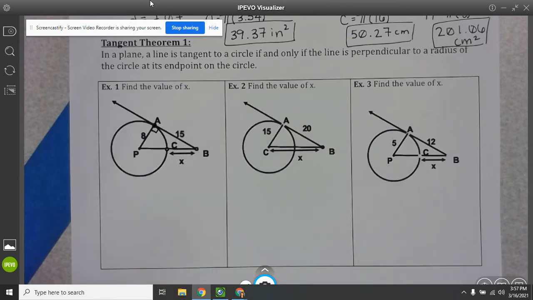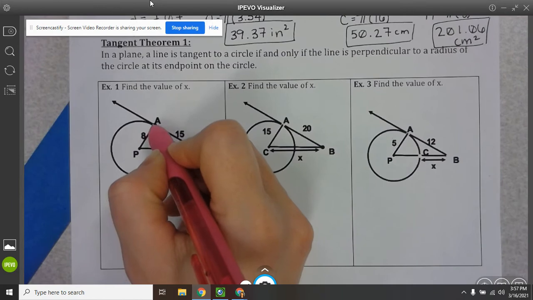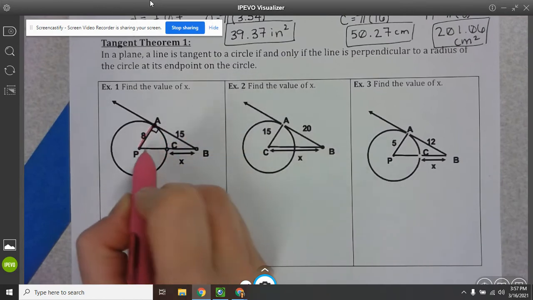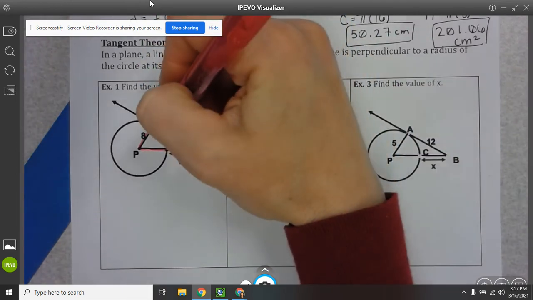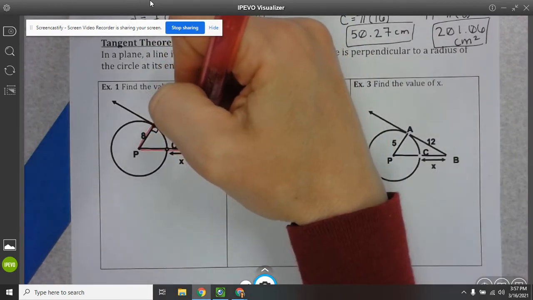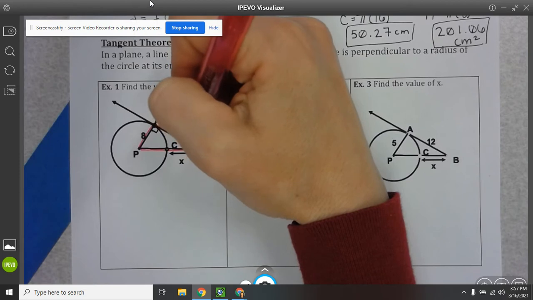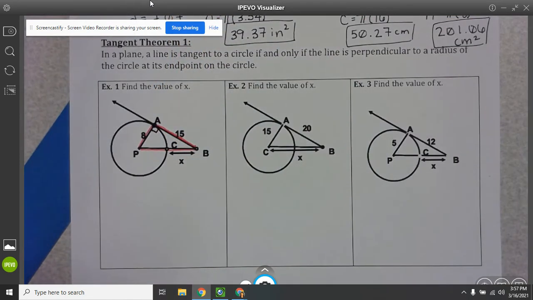So what I see here, and I'm going to do this in pink, is I see this whole triangle here, pretending I can draw straight lines. No judgment here, please. That is a right triangle. So I can do Pythagorean theorem.